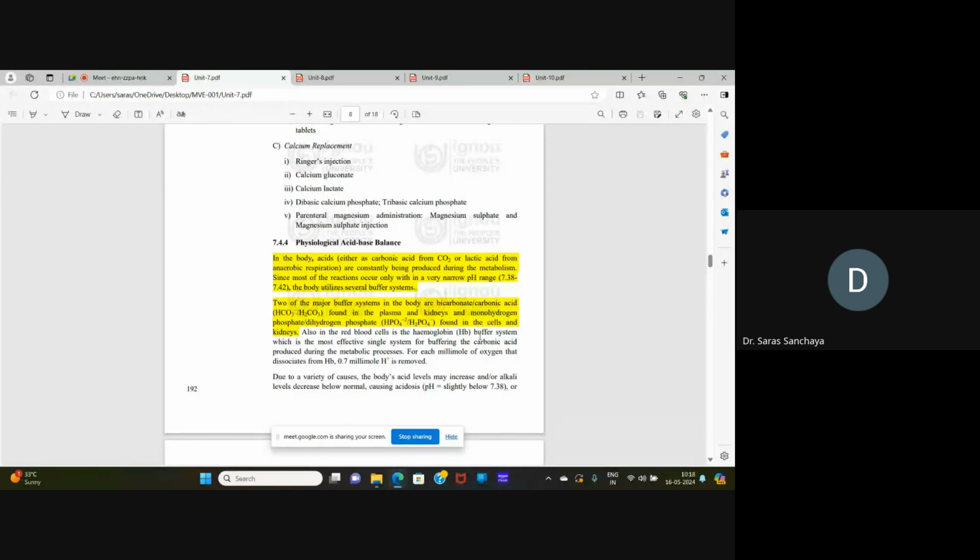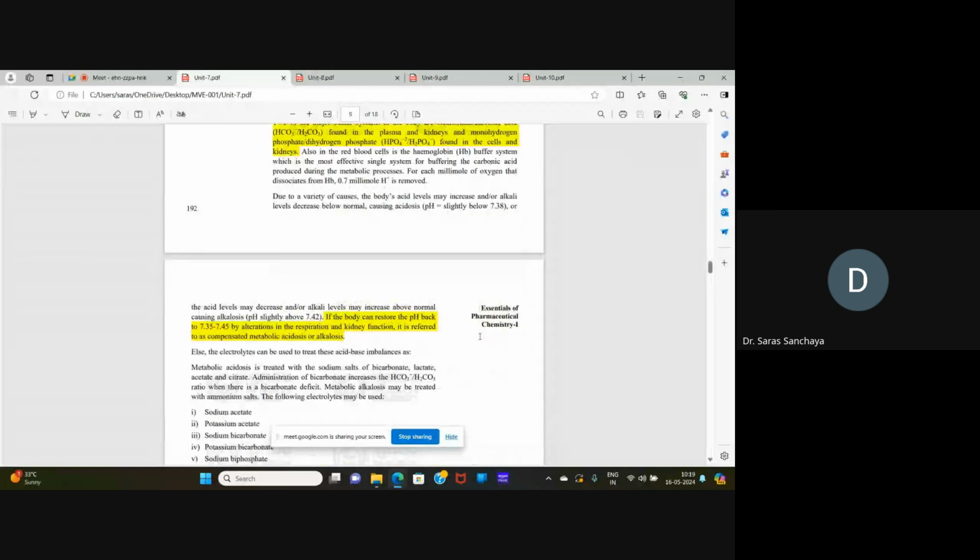Two of the major buffer systems in the body are the bicarbonate carbonic acid buffer found in plasma and kidneys, and monohydrogen phosphate dihydrogen phosphate found in cells and kidneys. So the major buffer solutions used to maintain the pH of the blood and other body fluids are bicarbonate buffer and monohydrogen phosphate buffer.